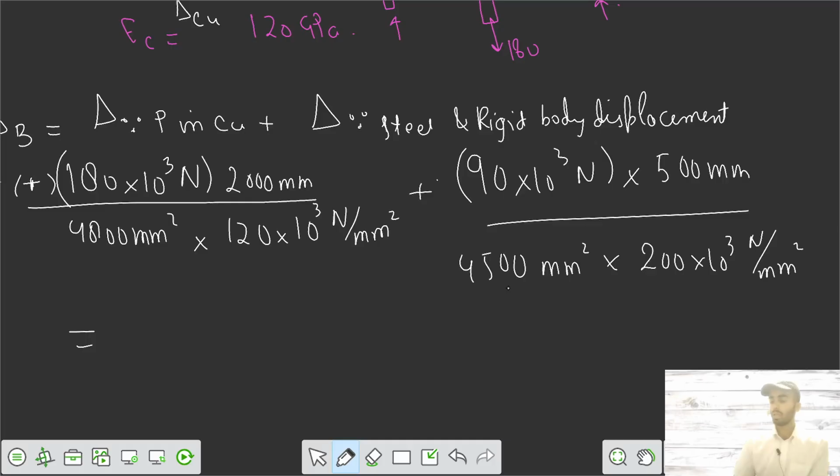Calculating the total deflection, it comes out to be 0.675 mm. It is the downward displacement of the lower end of the copper bar.